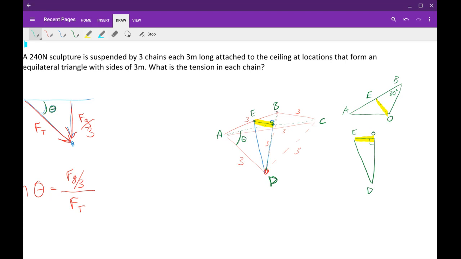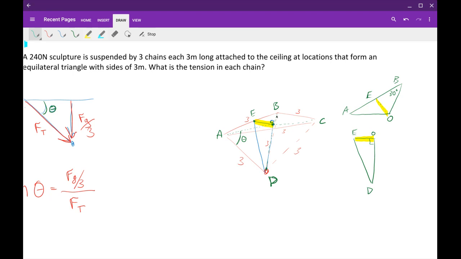Now I've got this blue triangle, which goes from the midpoint of one of these sides to the center right above the sculpture, and then drops down to the sculpture. This is not a chain, but an imaginary line from the midpoint on the ceiling to the sculpture itself.